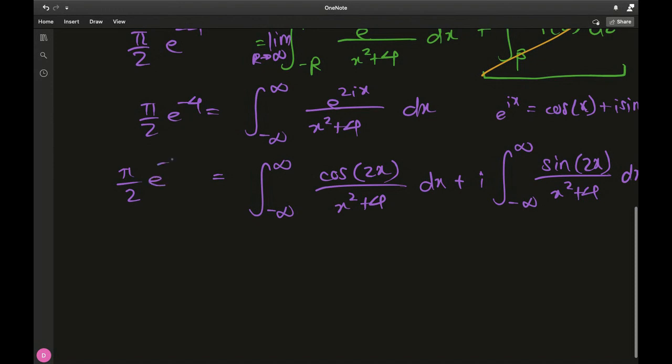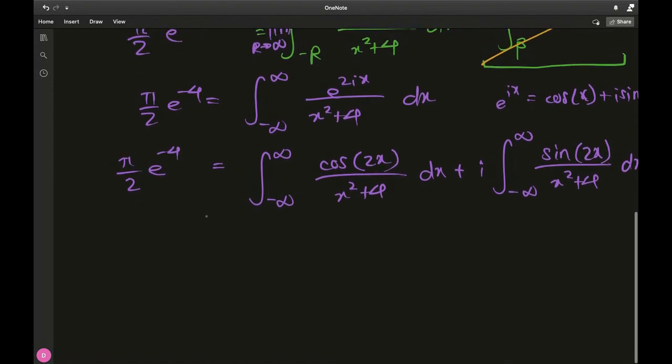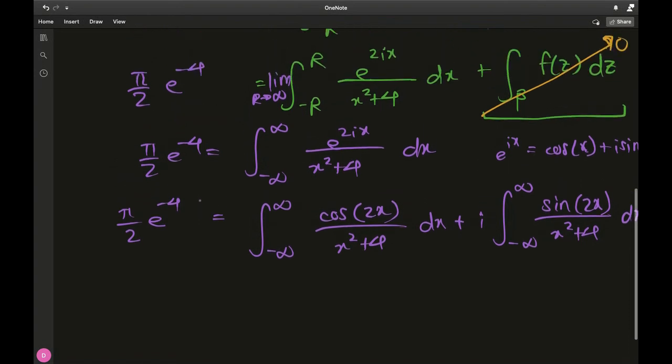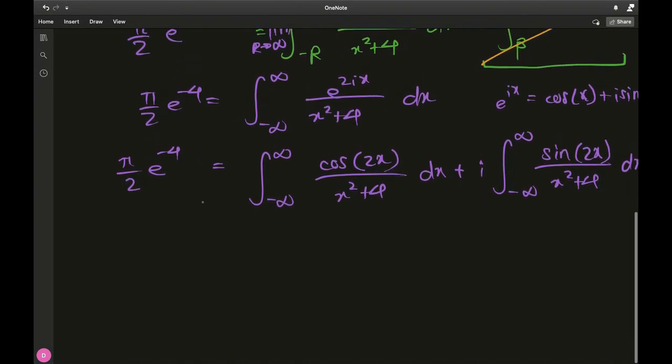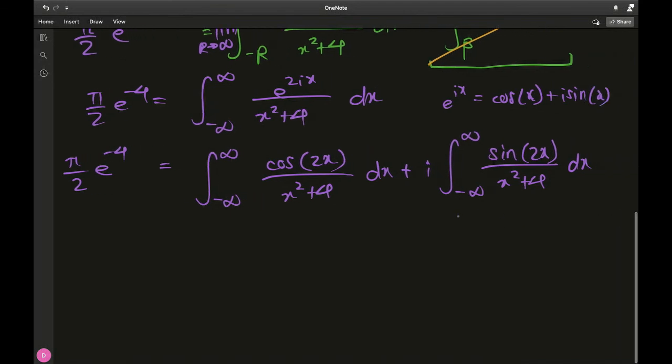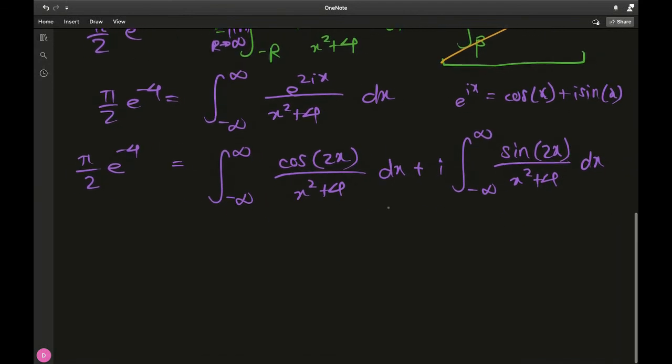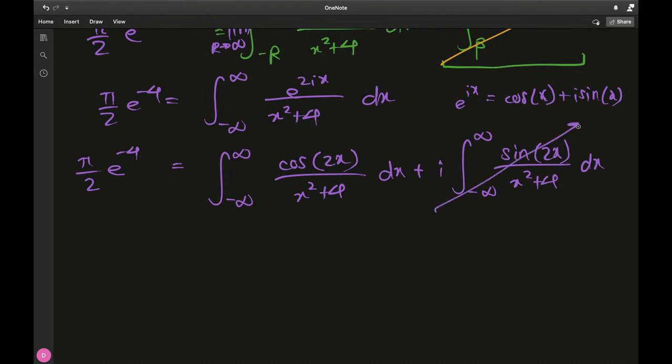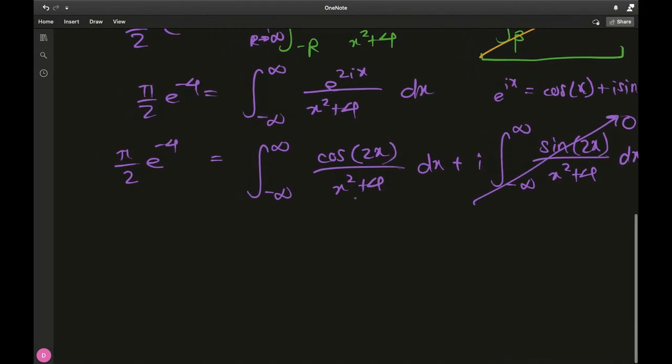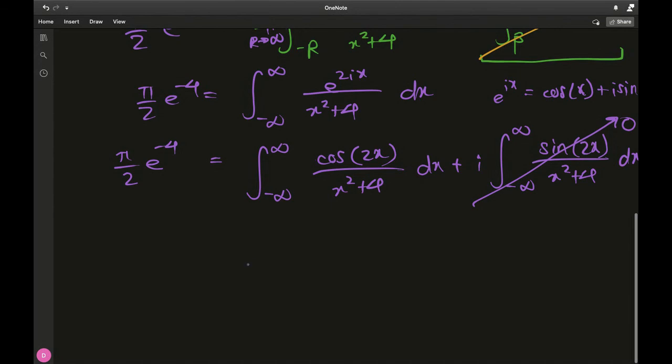We have pi over 2 times e to the negative 4. So notice that we have a real value on the left hand side. So that means this imaginary part has to equal 0, comparing coefficients. So this will have to be 0. That means the real part, which is the cosine part, is equal to this.